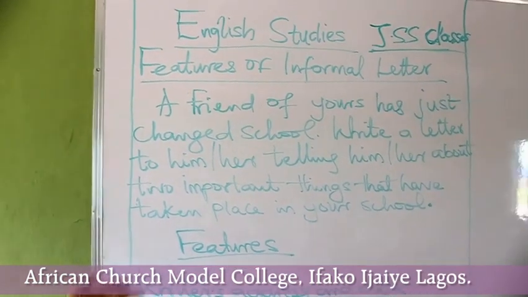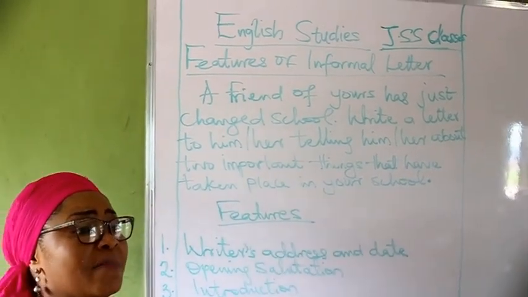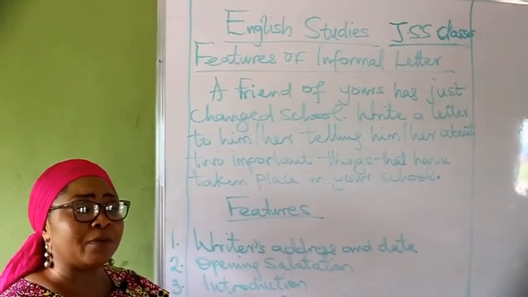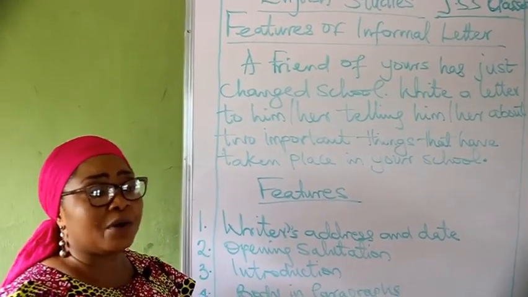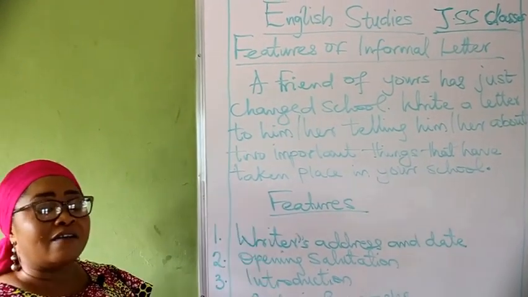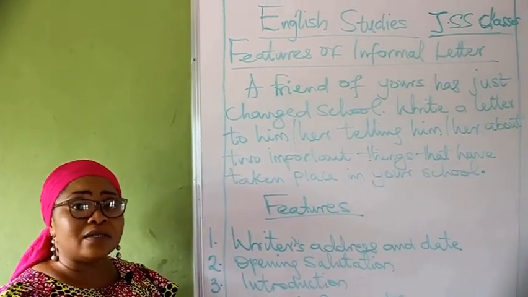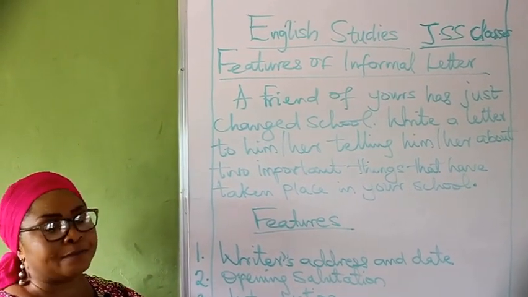Now, before I proceed to talk about what I have on the board, an informal letter is a letter that we write to people who are close to us. People in this category are our parents, our friends, our loved ones, our close relations, people that we're very close to.